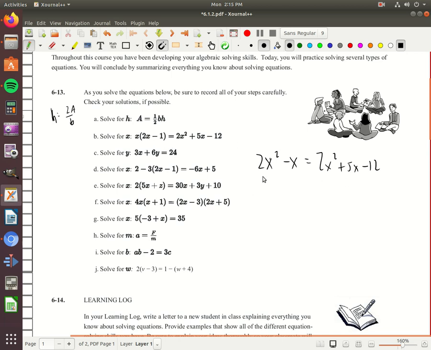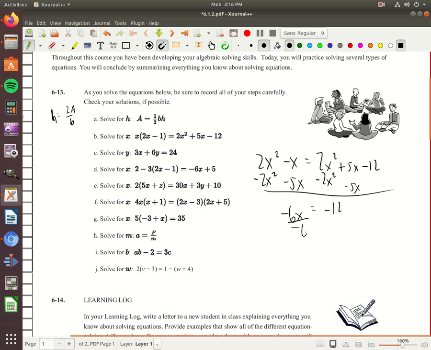I'll tell you right now, at this point, everything you do is going to be set up so that the x squareds get rid of each other, although you will learn in Integrated 2 and Integrated 3 how to solve those. At this point they should just cancel out because we're not going to do that in Integrated 1. I'll move this negative 5x over here, so I will get negative 6x equals negative 12.